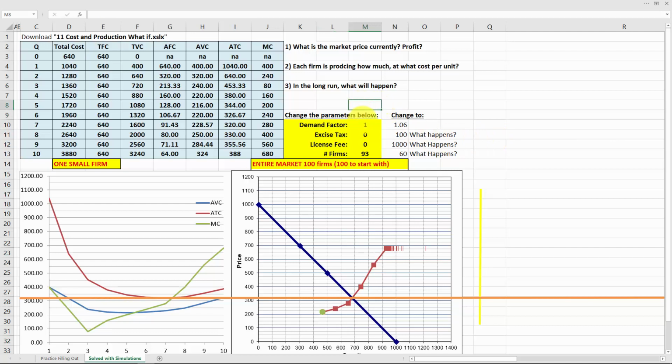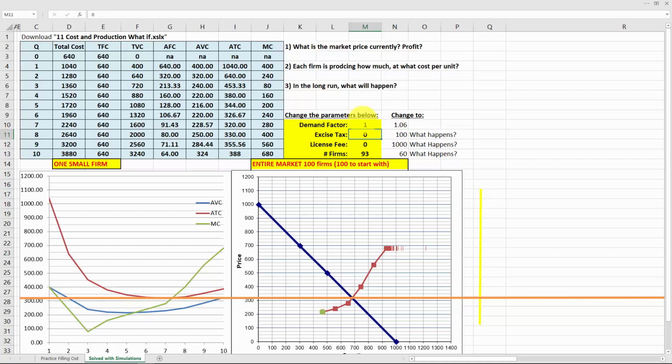So what I have in mind here is a per unit tax. It's like many states have on cigarettes. Every pack that is sold, the producer has to pay a tax to the government. So let's add, over here I suggest adding a $100 excise tax.